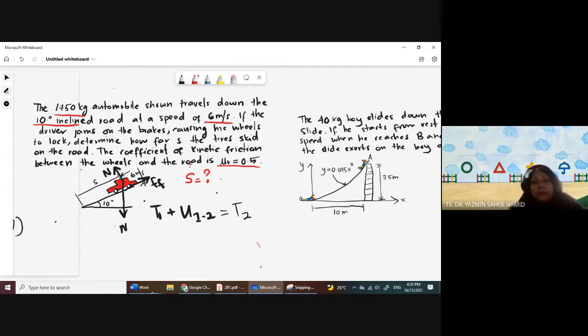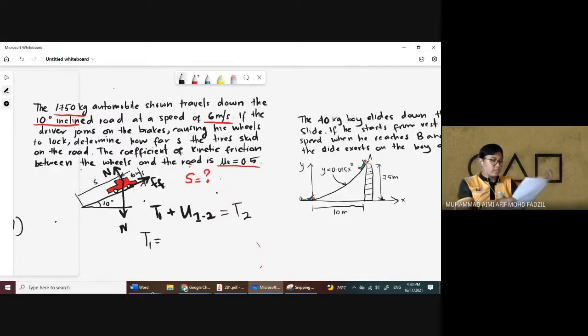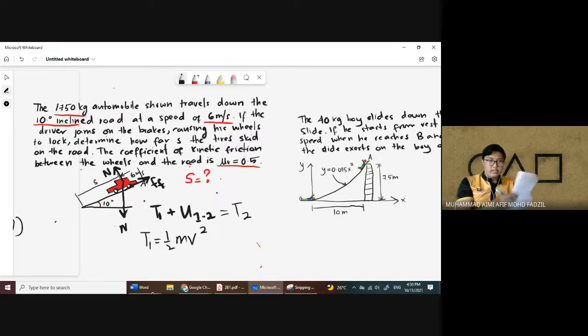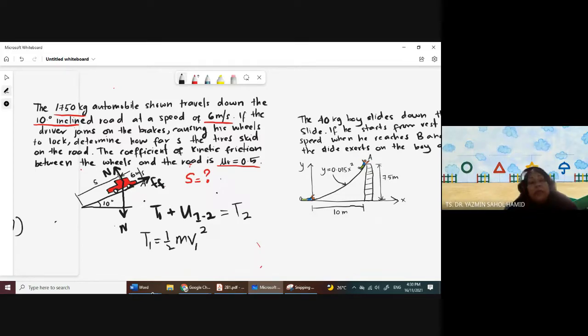Okay. Now, what is the T1 formula? 1/2 mv squared. Okay, now V1, what is the initial velocity? 6. Yes, that's correct.